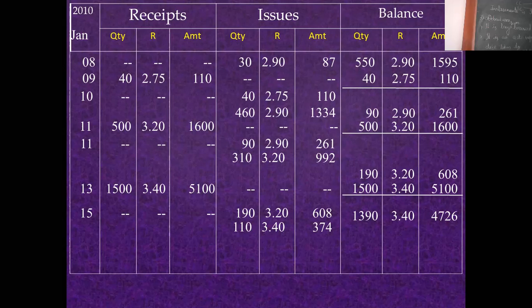Then you have to make tally. To tally the books as per the actual stock, what to do? What is the difference between the actual stock and record? In the record 1390, in the actual 1420. Okay. The difference is 30. What is that 30? Is it excess or surplus?